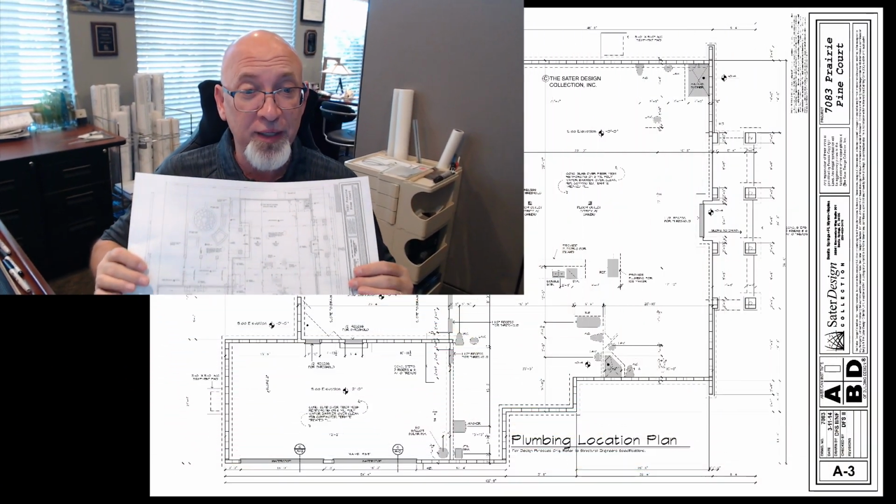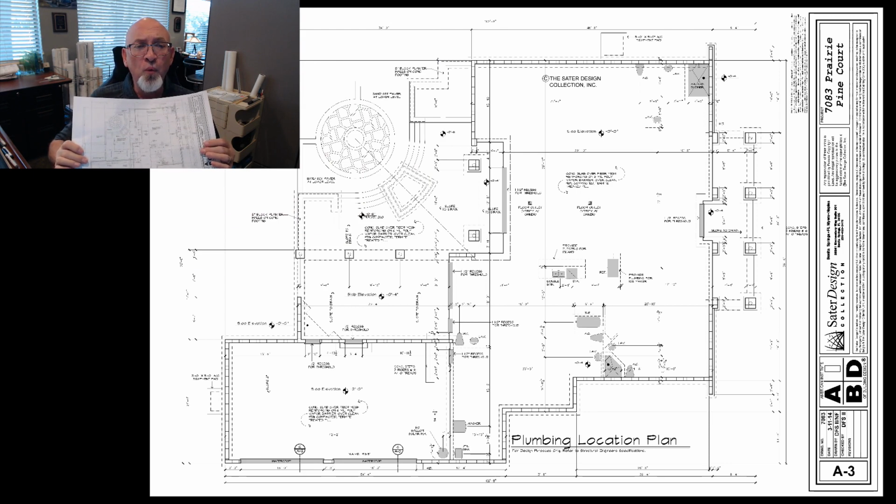The other detail I want to explain as well as this sheet here is what we might call the plumbing location plan or the foundation layout plan. And again, what we're doing here is, again, it's not a structural plan.